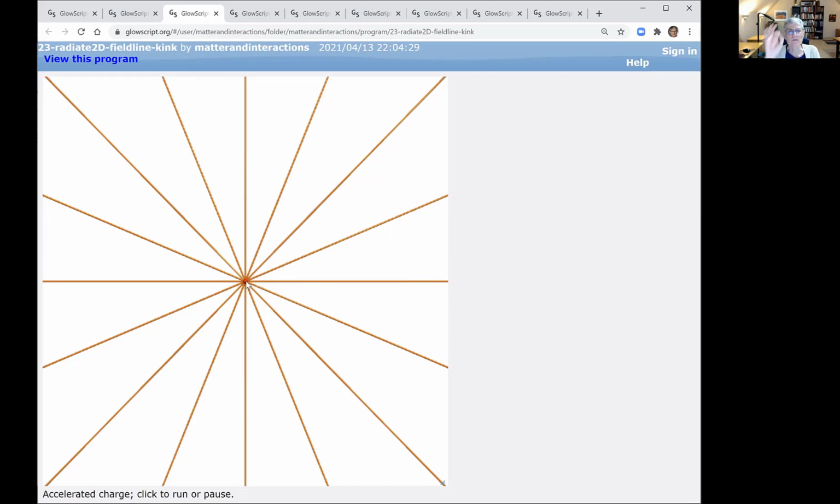So it's going to be very, very briefly accelerated. Remember, acceleration is dv/dt, so we're going to speed it up from 0 to some constant speed by giving it a brief kick downward, just a tiny kick. Now, it can be a pretty big kick, but what's going to happen is the charge is going to accelerate briefly and then coast downward. Let's see what that does to the electric field.